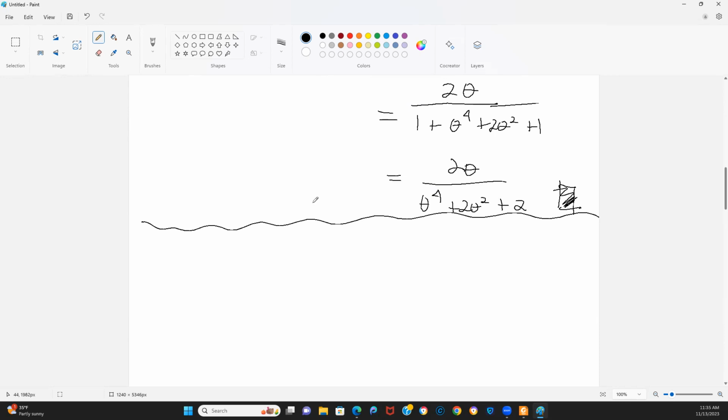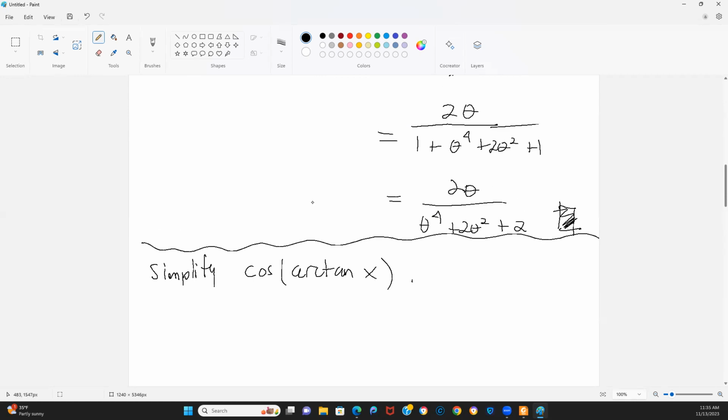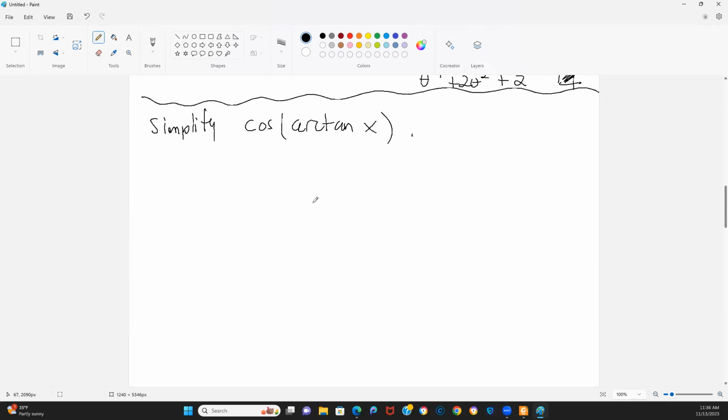All right, so now what we want to do is simplify cosine of arctan of x. This is actually not really a calculus problem. This is more of a trig problem.